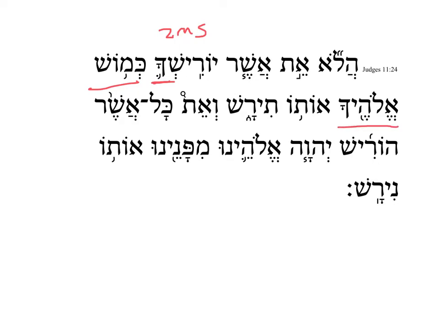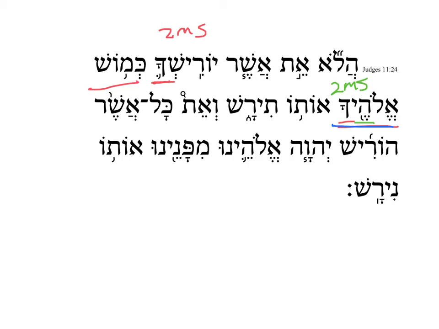Again, here's the pronoun, which is second person, masculine, singular, your God. But notice the attachment here is to the standard, pluralized form of a word, Elohim. And so it's Elohecha, your God.